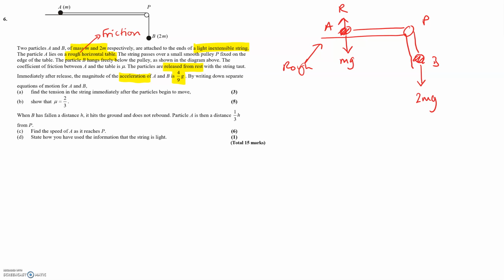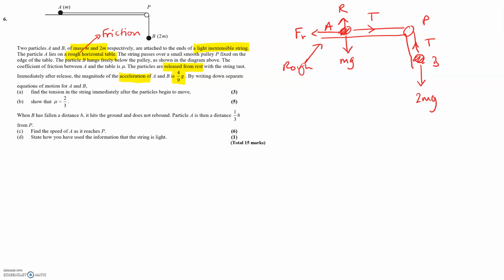There's also going to be a tension force, and that's going to go towards the pulley on each particle. And because A is on a rough table, it experiences friction. Now this probably is going to move towards the right, so the friction is actually going this way.